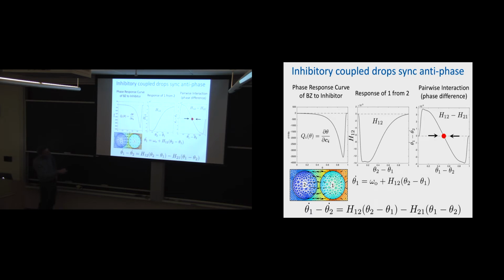The effective interaction function is positive, so that means this increases until it hits this point. Over here, if my phase difference is bigger, then it decreases, so there's a fixed point here at pi. And so you've proven that if I have two drops with any kind of inhibitory coupling, they're going to synchronize at pi. So you've gone from this 2m-dimensional space to a one-dimensional space where you can really visualize it.